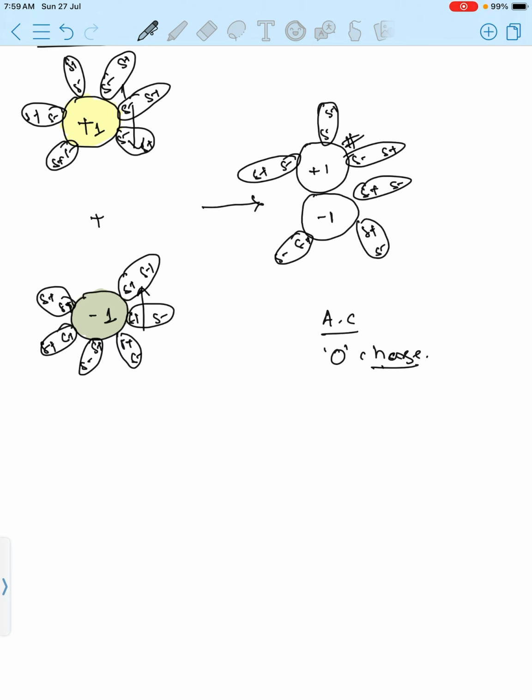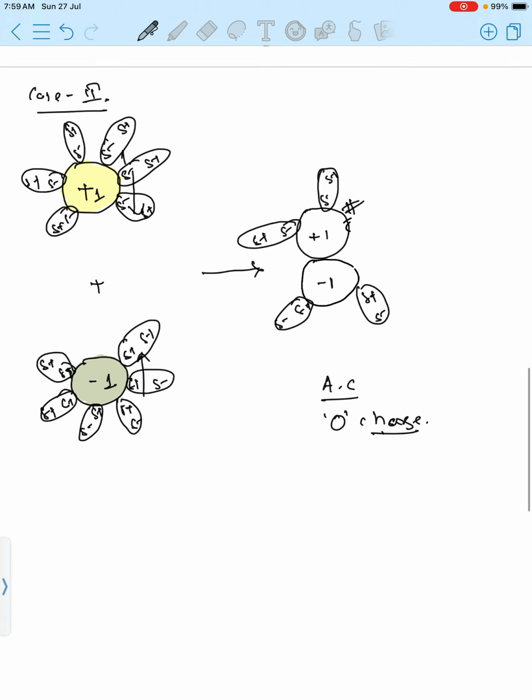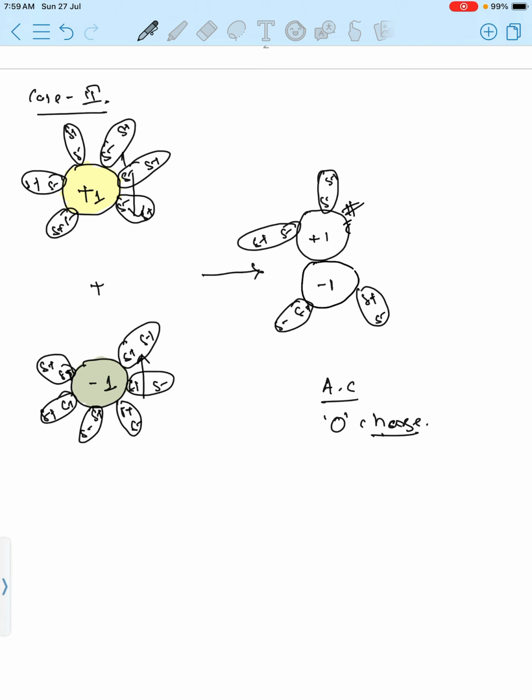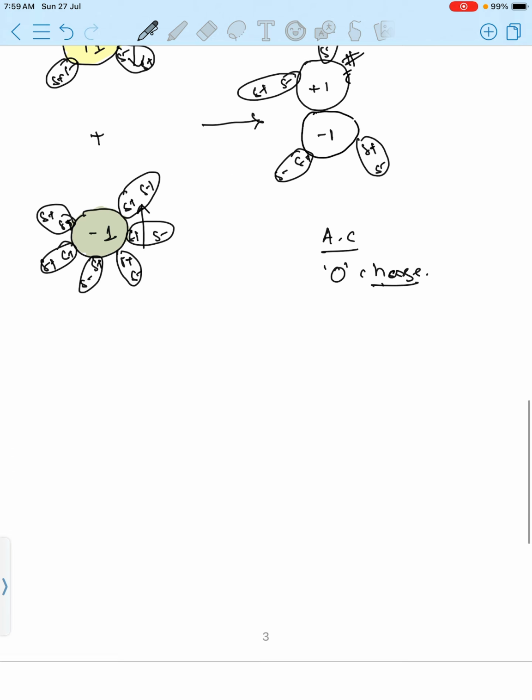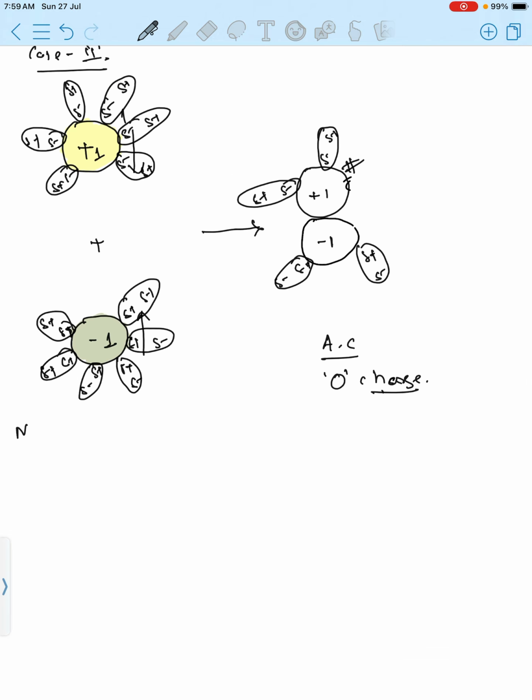Okay, so what is shown here? We are showing that here more solvent molecules are associated with the isolated ions.